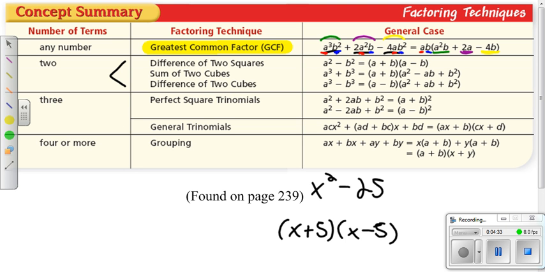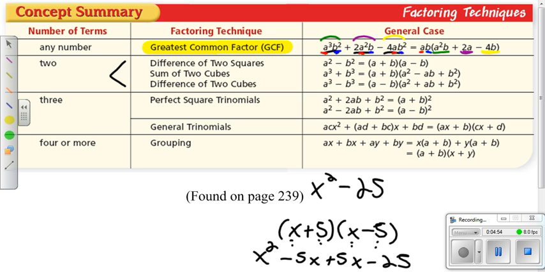And just to check and make sure that works, we can FOIL it out, and we say that x times x is x squared, x times negative 5 is a negative 5x, 5 times x is positive 5x, and 5 times negative 5 is negative 25.